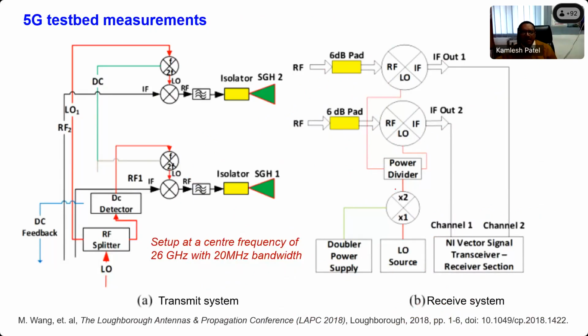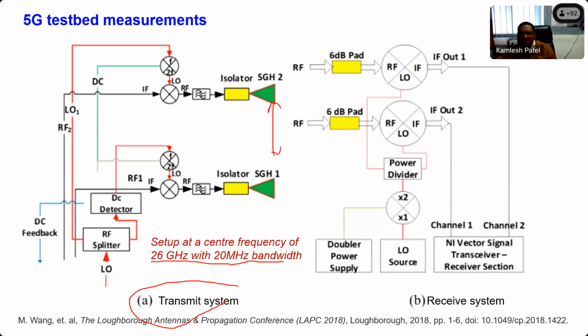They also studied the 5G test bed method, where they have designed the system like this at 26 gigahertz with 20 megahertz bandwidth. So this is a transmit system consisting of detector, mixer, amplifiers, isolator, and the antennas at 26 gigahertz.